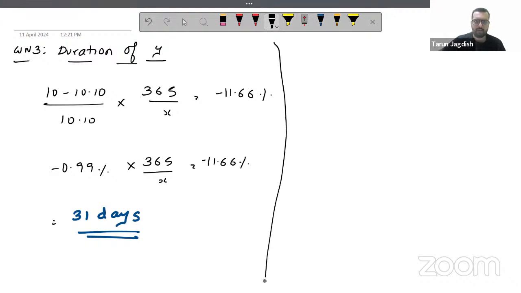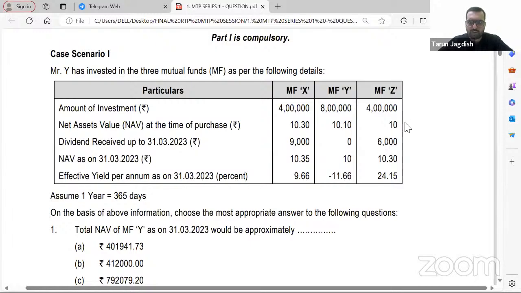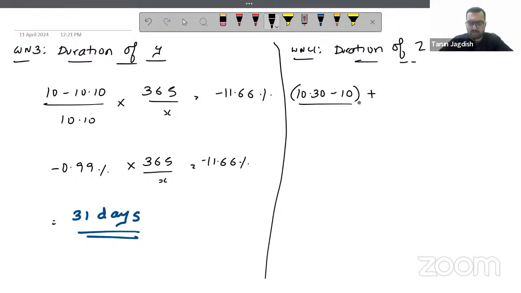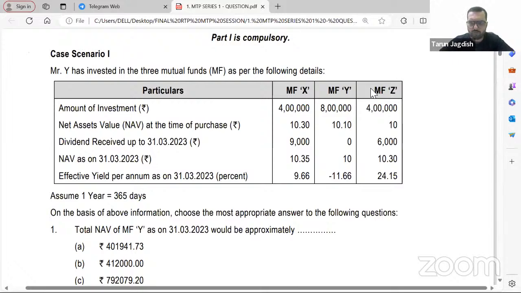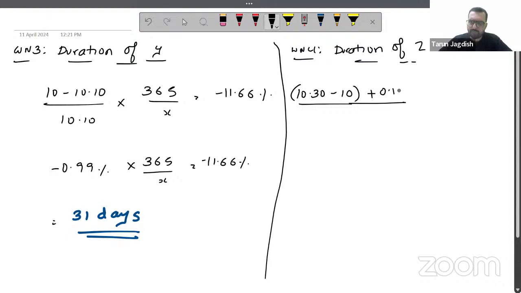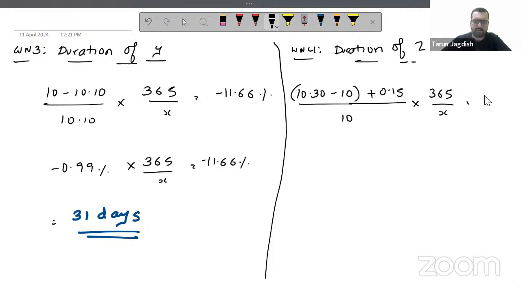Same way I'll put working note number 4 also over here, that is the duration of Z. So what will be the calculation for duration of Z? 10.30 minus 10, plus D1. How much is the D1 that we found out over here? I think 0.15, correct? Divided by 10 into 365 divided by X is equal to 24.15 percentage.